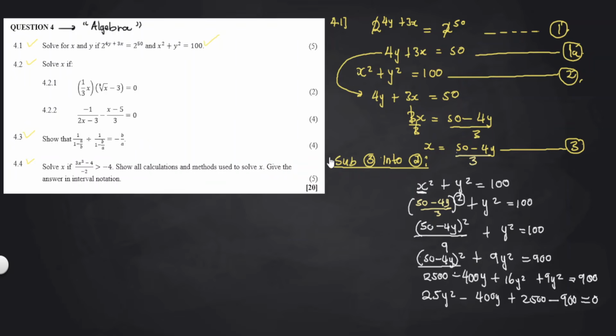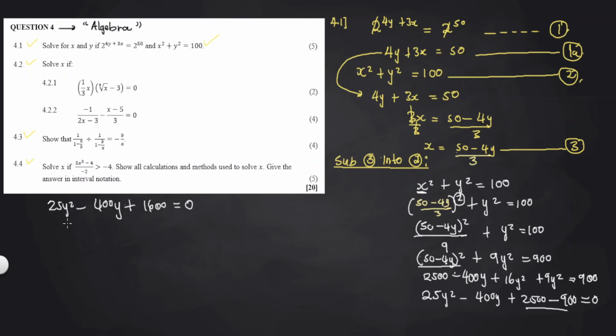We continue. Let's divide by the 25, meaning I'm taking out 25 as a common factor. Oh wait, let's work this out first. So it's 25y squared minus 400y plus 2500 minus 900, that's 1600, equal to 0.